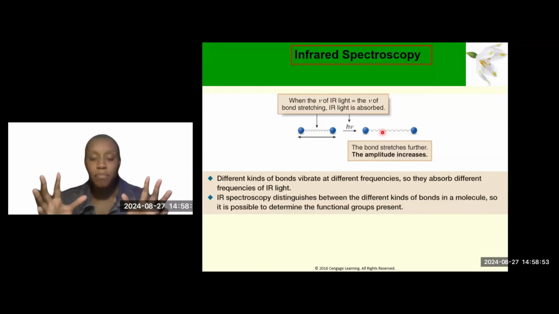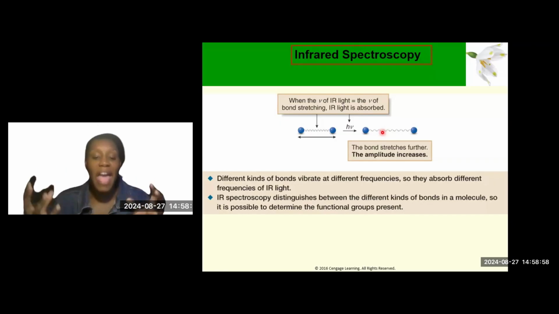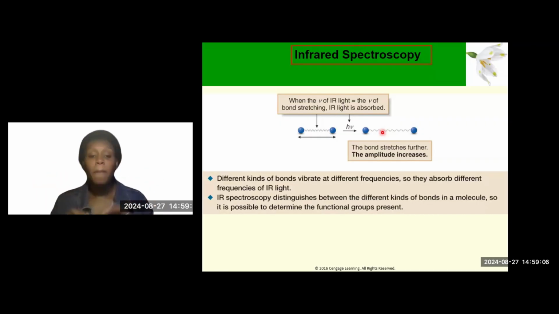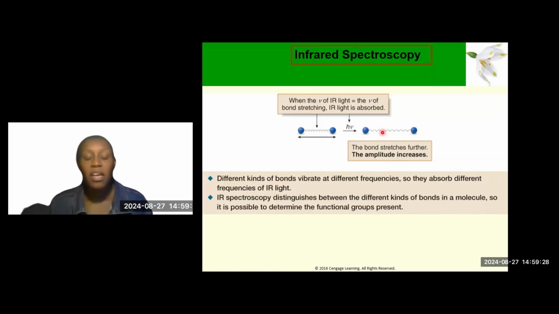So let's say a carbon-hydrogen bond absorbs light at frequency A. We'll talk about actual numbers, but let's say it's at A. If I shine light at B, C, D, nothing's going to happen. But as soon as I shine it at A and I see that absorbance, I know there's a carbon-hydrogen bond in there because it matched. And so you can use that as a differentiating mechanism.